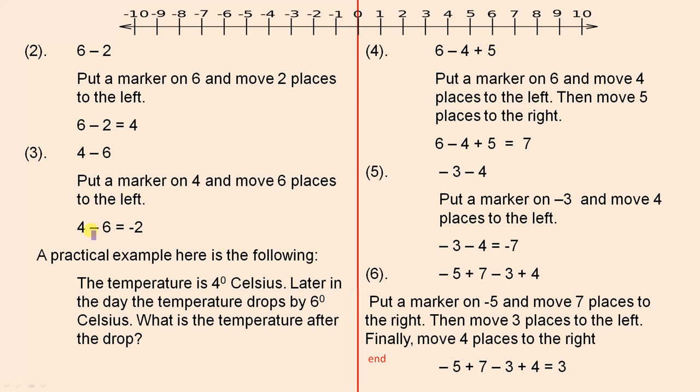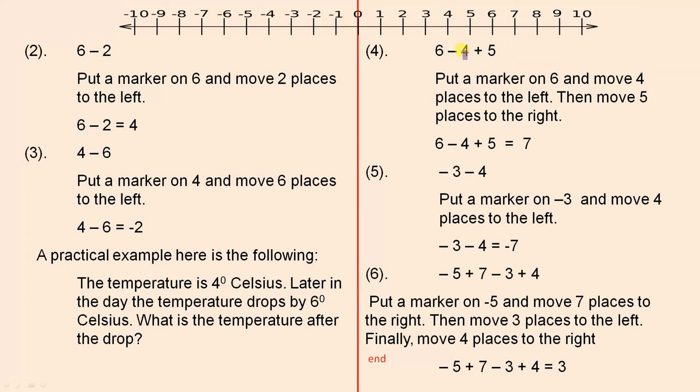It drops because of the minus sign. So for temperature, whenever you see the minus sign, that means that's a drop. What is the temperature after the drop? So if it starts at 4 and it drops by 6, the temperature is now minus 2 degrees Celsius. So there's a perfect example of this little equation or sum or problem in everyday life.